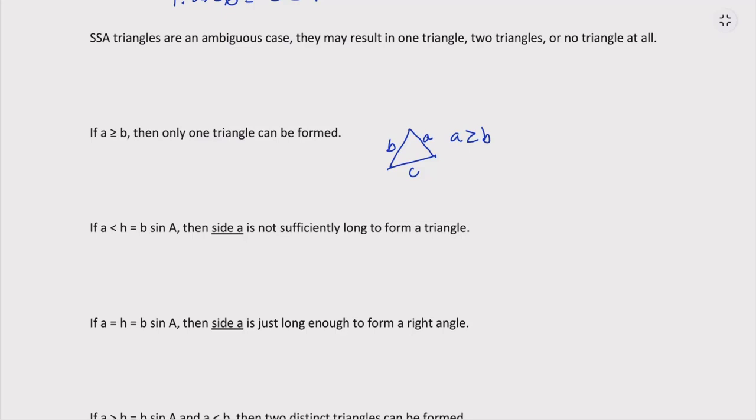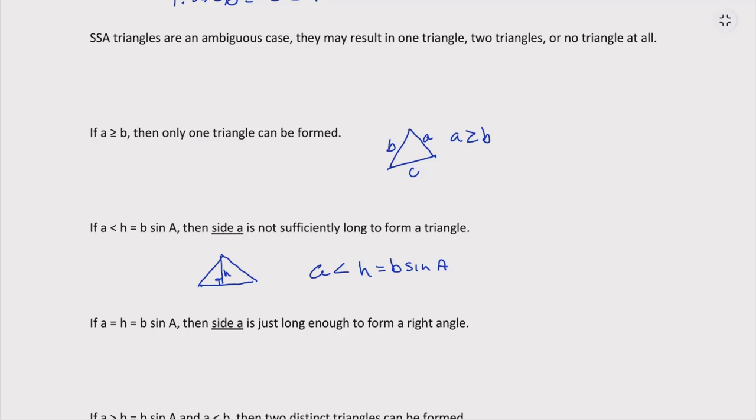Okay, in this case we're talking about the perpendicular height h. If a is less than the height, which is equal to b sine of A, by our right triangle trigonometry, because this is perpendicular, then side a is not sufficiently long to form a triangle.